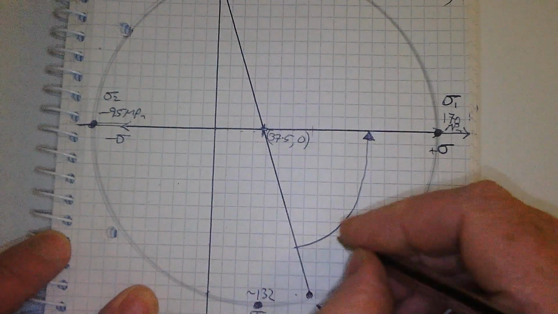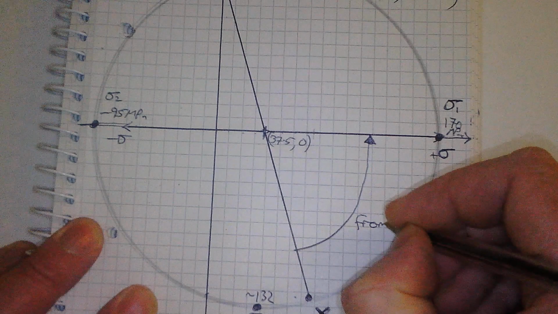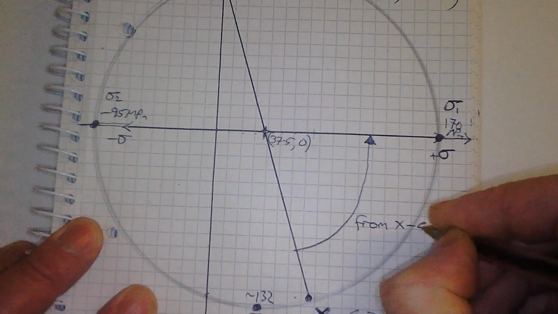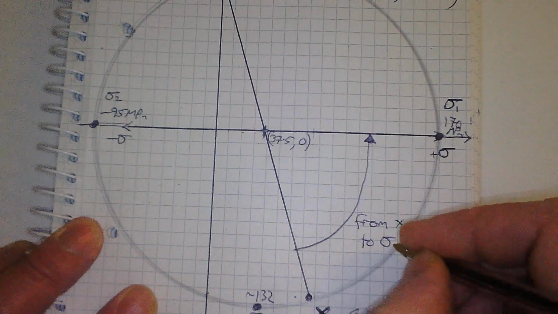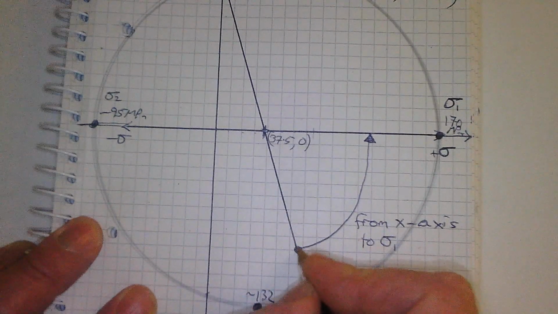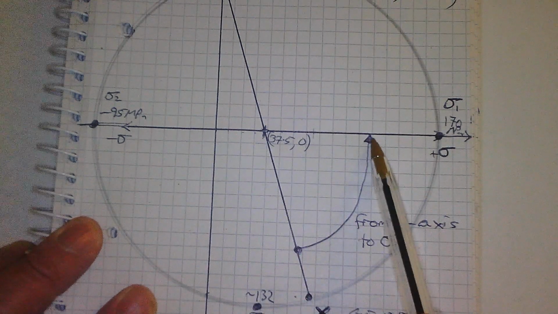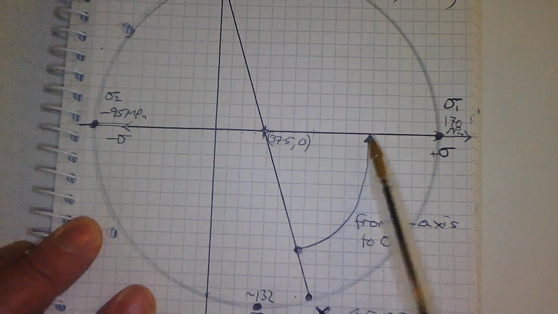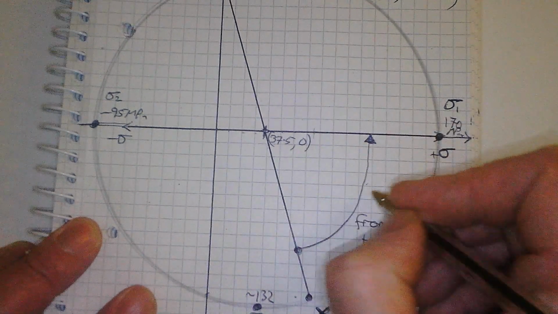Okay? So from the x-axis to sigma 1 is this angle here, and it's measured from the original x-axis to your principal stress. What's that value you get? That is 2 theta.